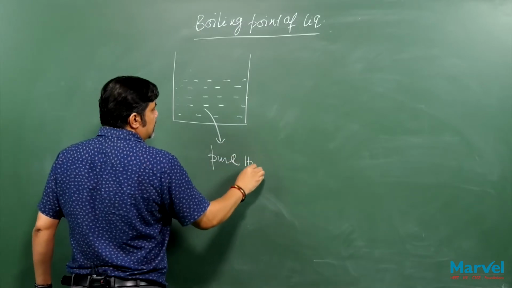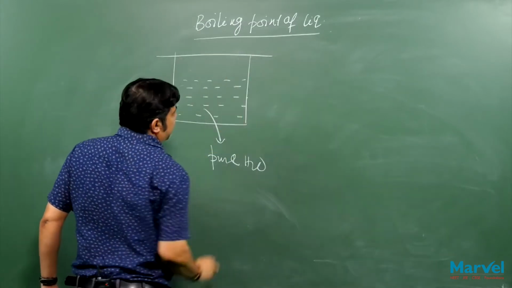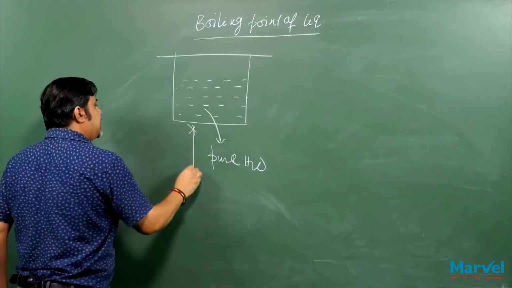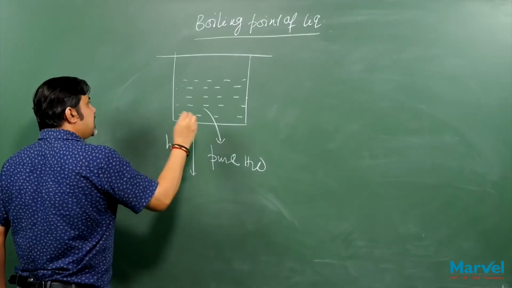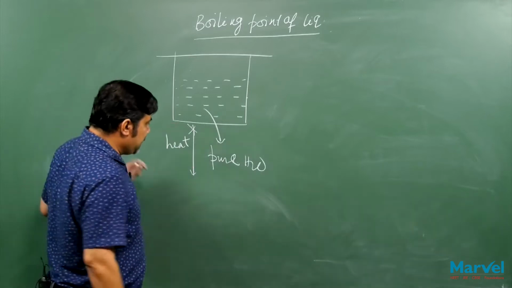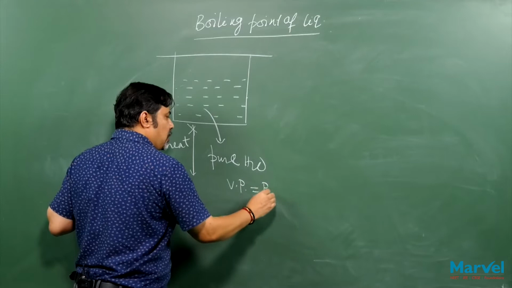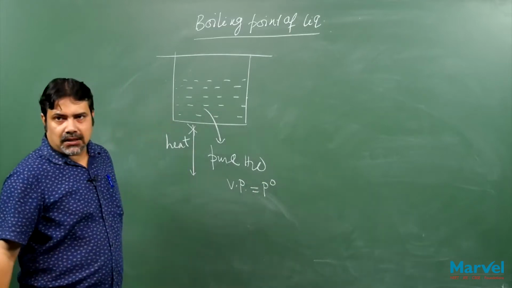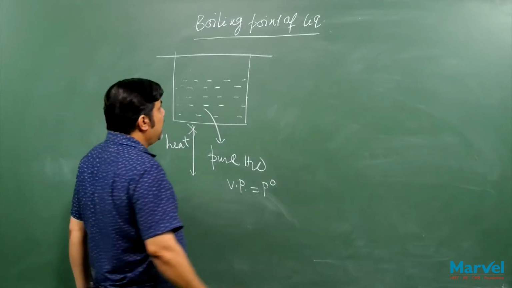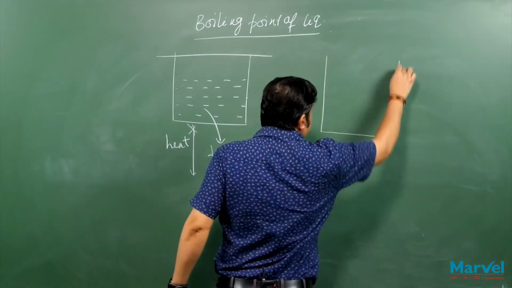Here is a container, and now you are giving heating. You put heating over here. Now the vapor pressure of pure water, VP meaning vapor pressure, I am saying is P0. Clear?